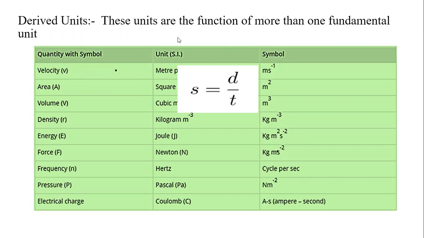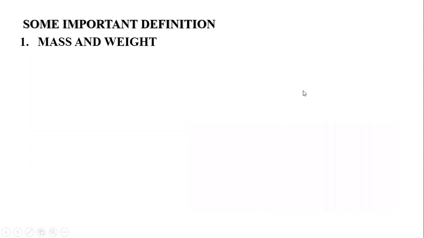The unit of distance is meter since it is a length, and that of time is second. So the unit of speed will be meter per second. Similarly, we can derive the units of other derived quantities also.